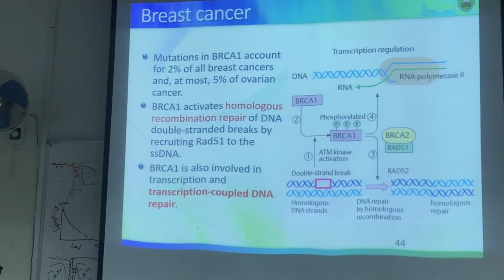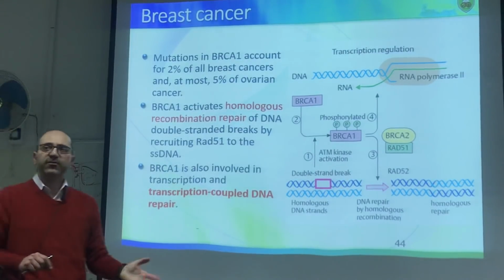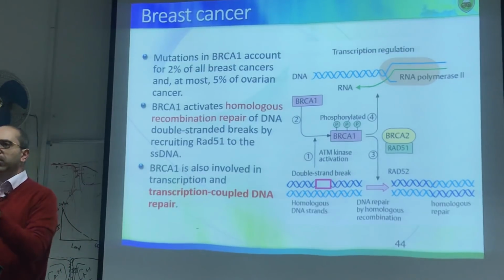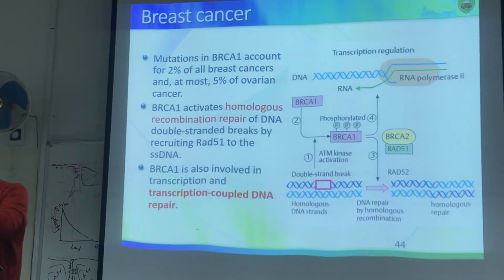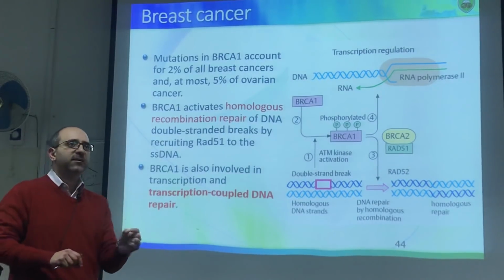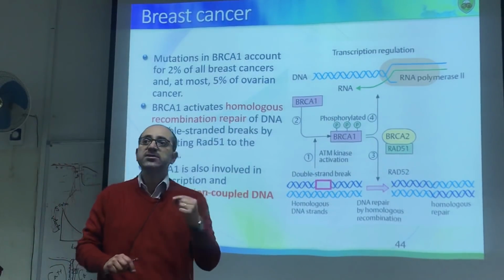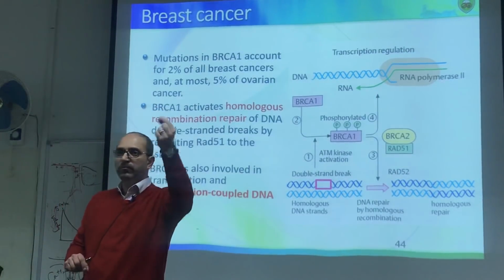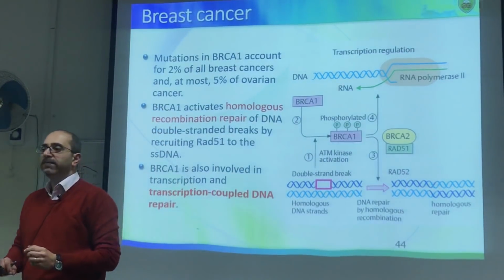In breast cancer specifically, there is a gene that was identified about 20 or 25 years ago. They named it BRCA1. BRCA because BR is breast and CA is cancer. So it was the first gene that was identified in breast cancer that causes hereditary breast cancer, meaning it goes from mothers to daughters.